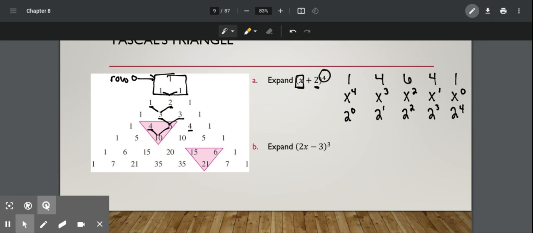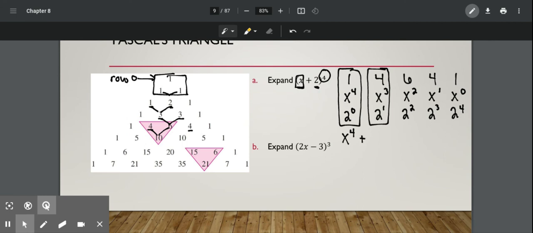Okay. And then what we're going to do is we just multiply these columns, and those are each of our terms. So what's 1 times x to the fourth times 2 to the 0? Just x to the fourth. Then we do our next column here. So 4 times, so I would look at your numbers, 4 times 2 is 8.